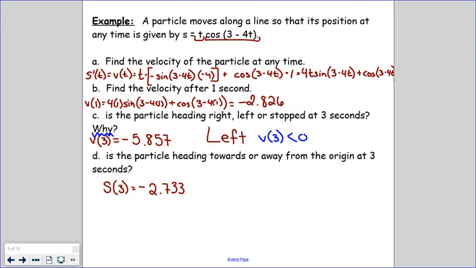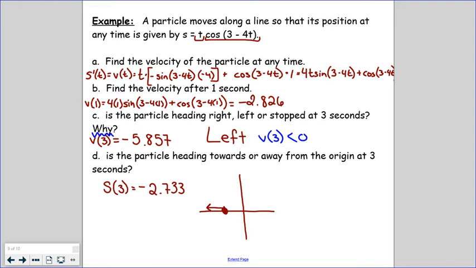That graph is telling us what value on our x-axis it is located at any moment in time. And at 3 seconds, our particle is located on our x-axis at negative 2.733. So at 3 seconds, it is located back here somewhere at negative 2.733 and moving left.